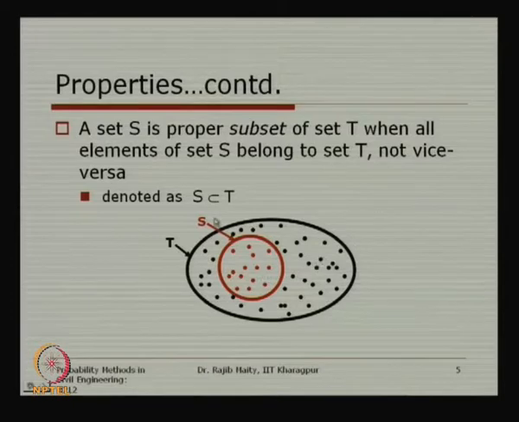In this pictorial representation, the bigger ellipse is the set T, and inside it there is another set shown in a red circle. So this S belongs to T. S is known as the subset of the larger set T.